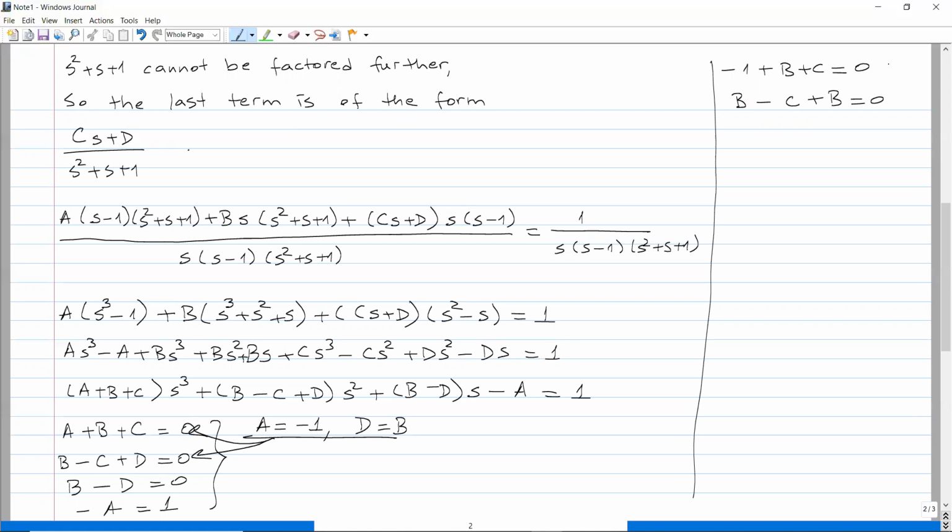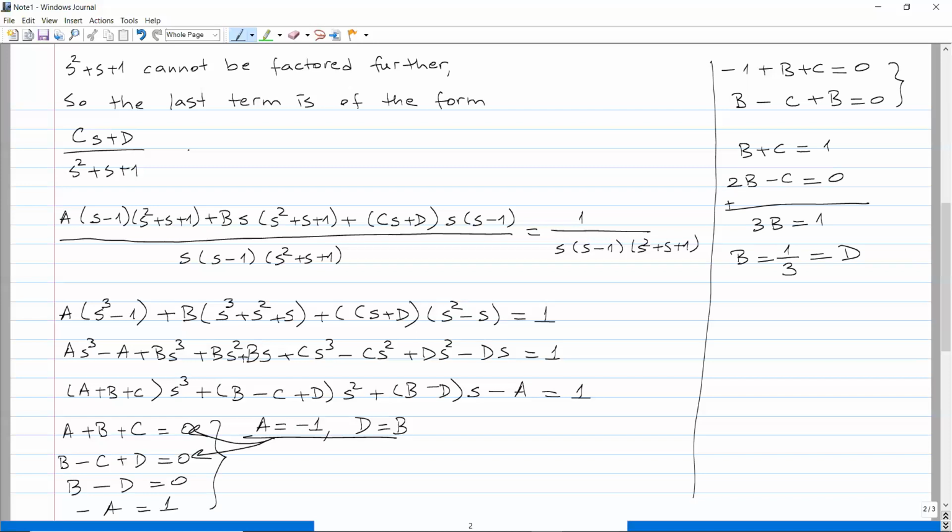So from these 2, I have b plus c equals 1, 2b minus c equals 0. So if I add them up, I have 3b equals 1. So b equals 1/3. And b is also equal to d, remember.